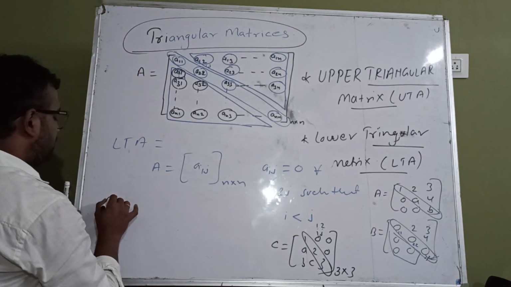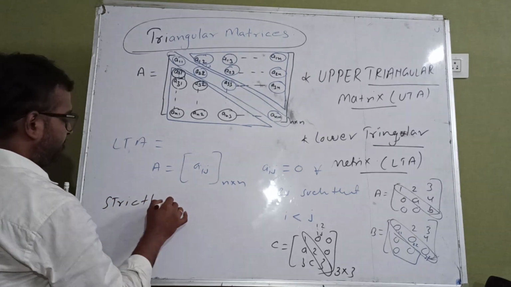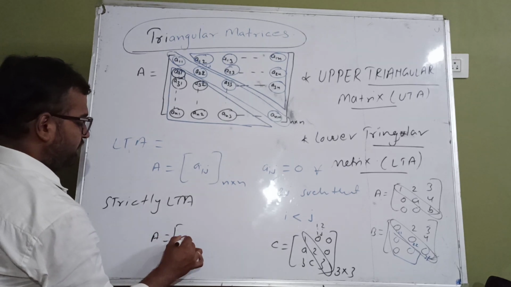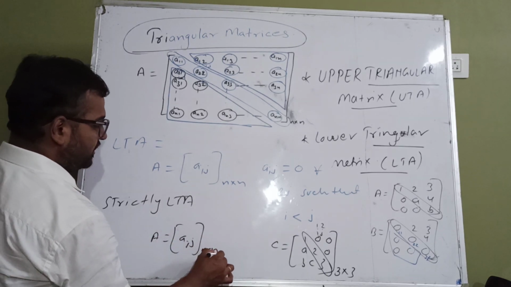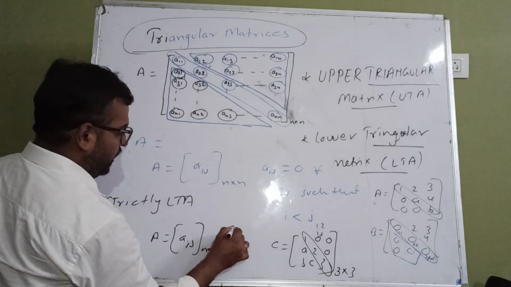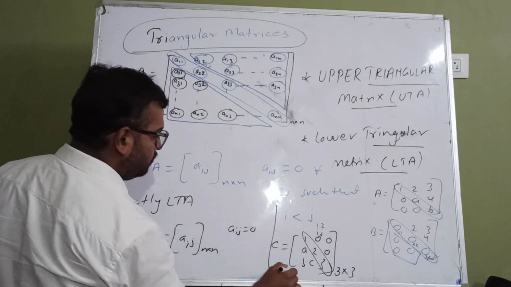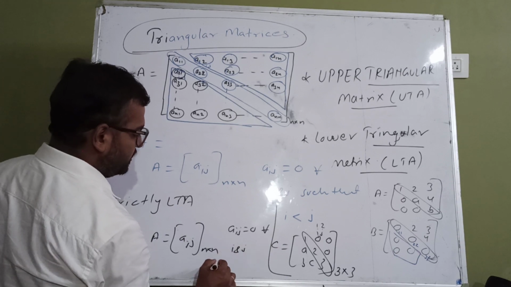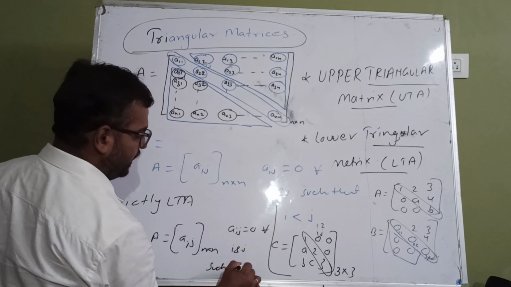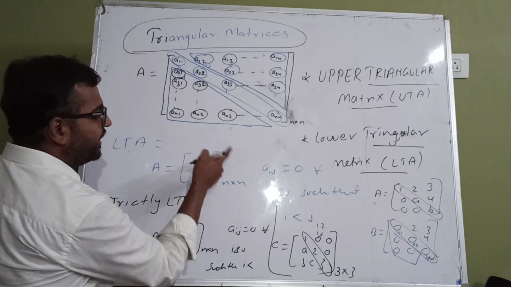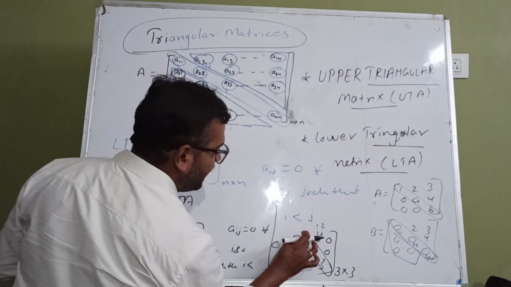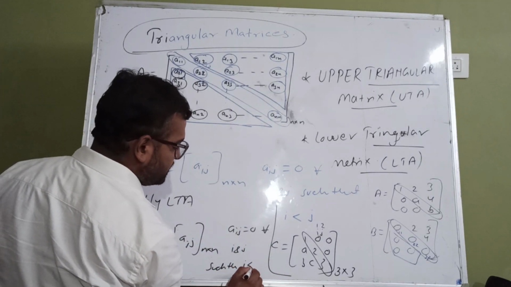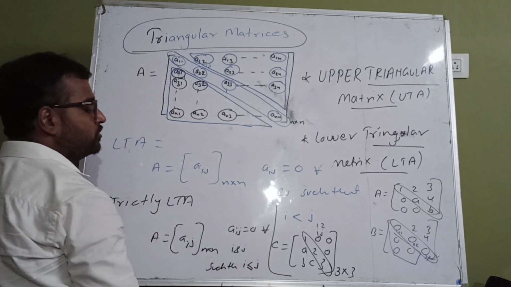Next one is strictly lower triangular. The same condition: A equals Aij, n by n a square matrix, where Aij equals 0 for all i and j such that, if you are including the diagonal elements, it means all the diagonal elements, then i must be smaller than or equal to j.